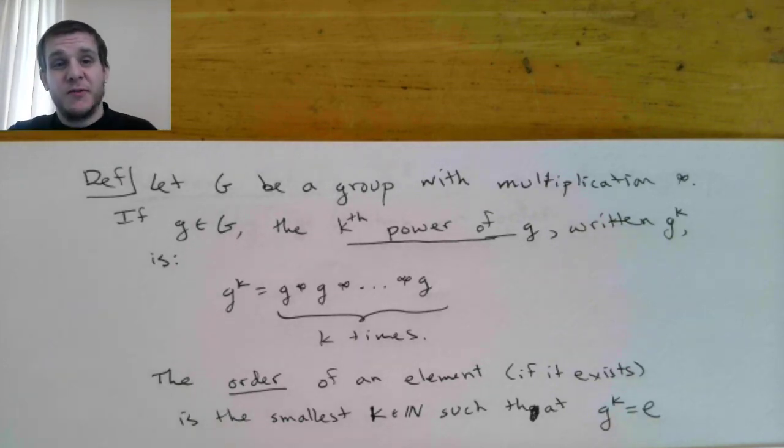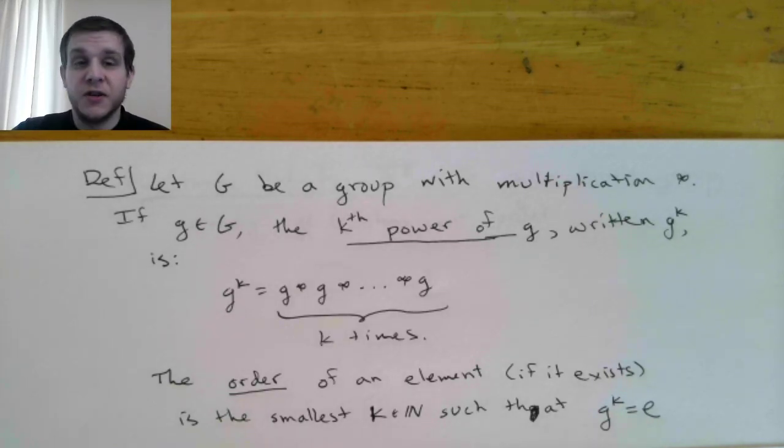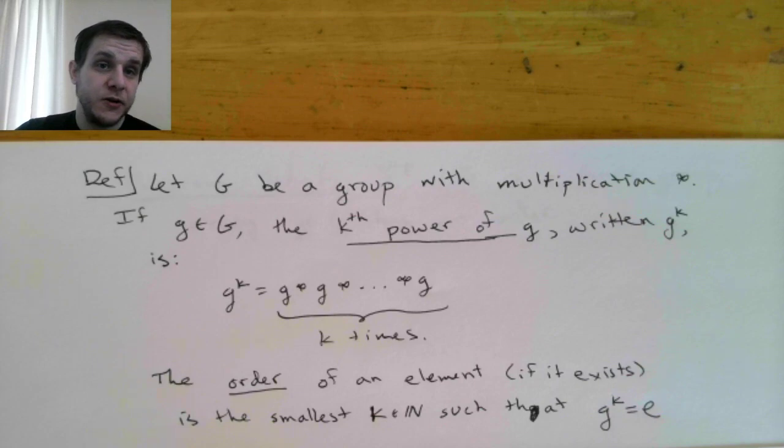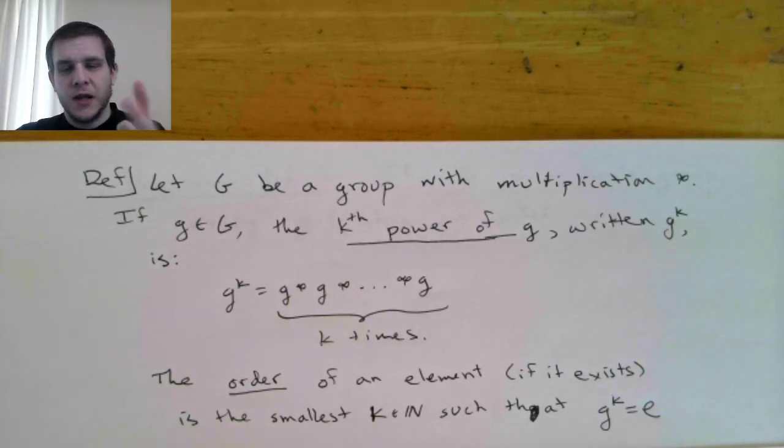Matrices are a very good way to think about groups because they're not necessarily commutative, right? If you take a matrix A and a matrix B, A times B is not necessarily equal to B times A. And this is part of groups as well, as we saw many times with the symmetric groups. If you take two permutations, they may not commute.